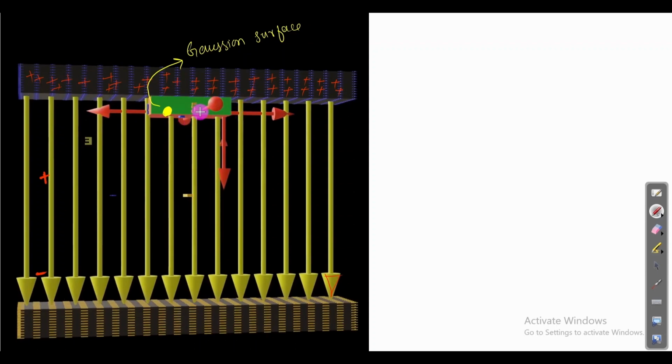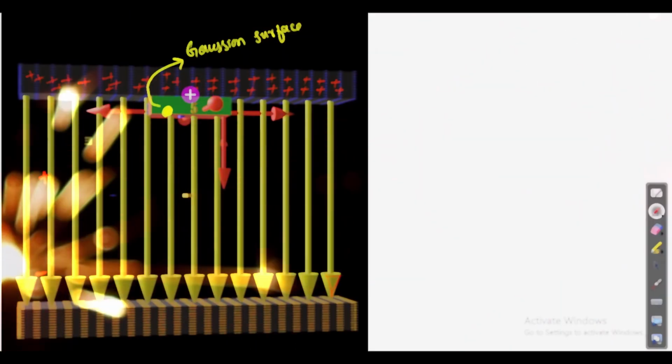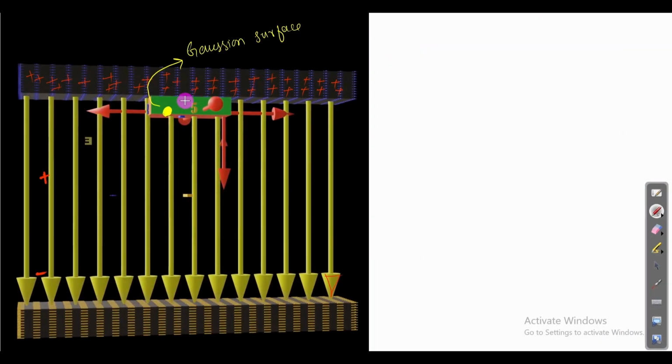So now we will apply the Gauss law on this scenario. I'm going to change this color. This is invisible, so the color I select is red.